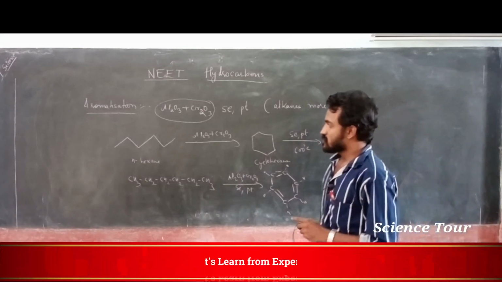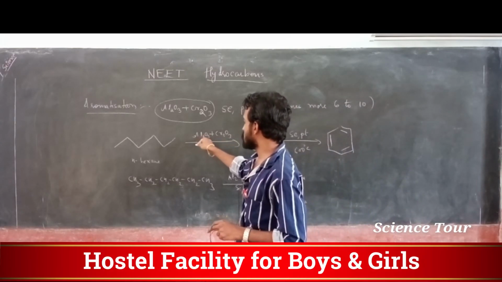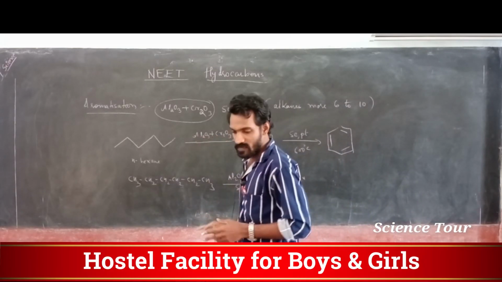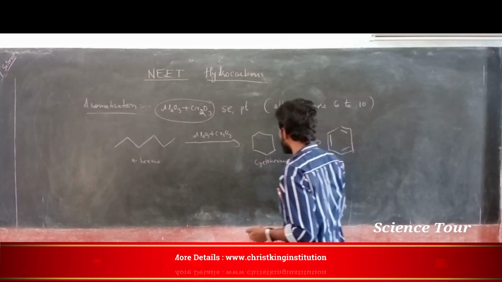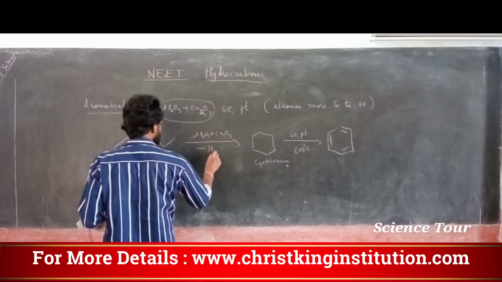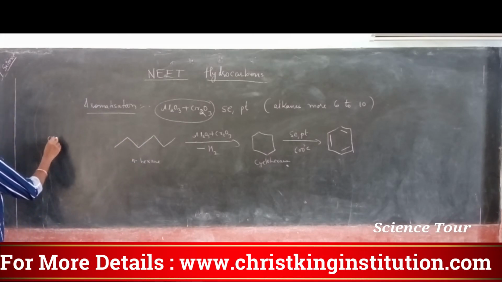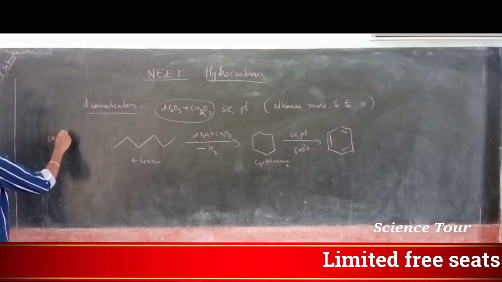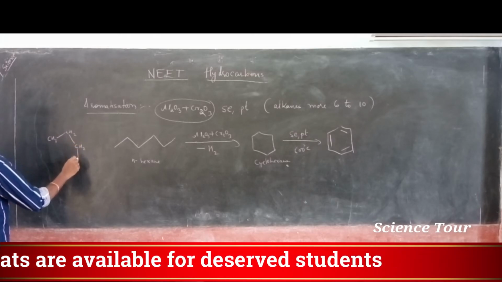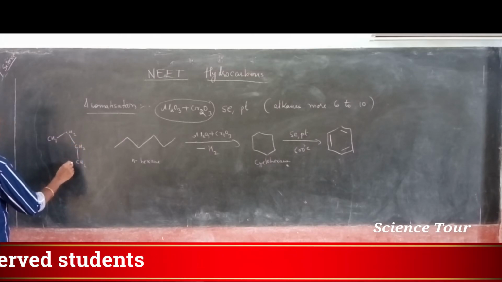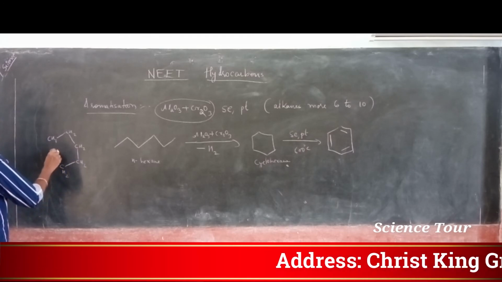So in the first case, when we treat with Al2O3, what does it give actually? To avoid confusion, once again I will write this down. Sometimes you may feel, okay sir, how can I remember all this. So here hydrogen is removed, the same I am writing here. CH3, CH2, CH2, CH2, CH2, CH3.